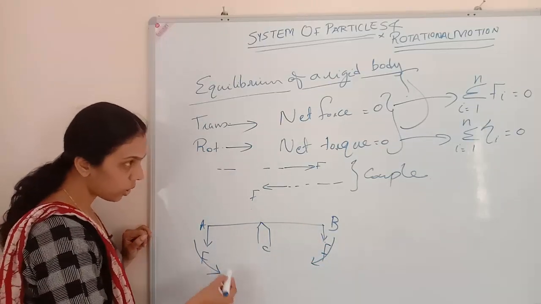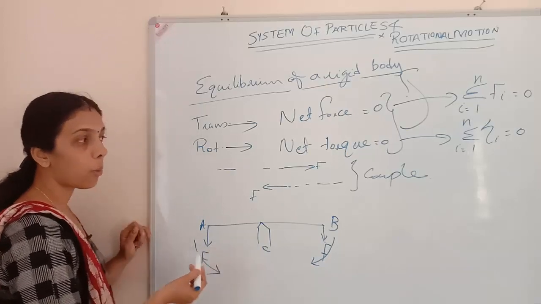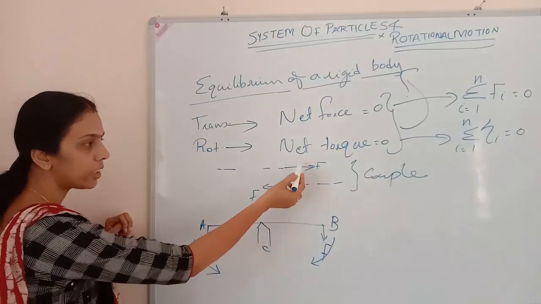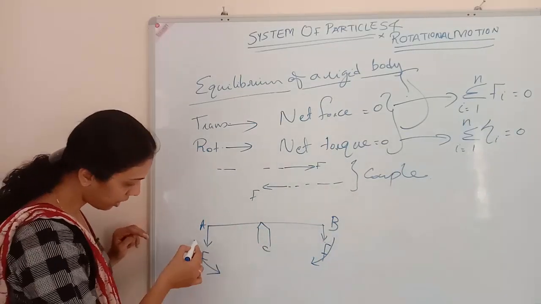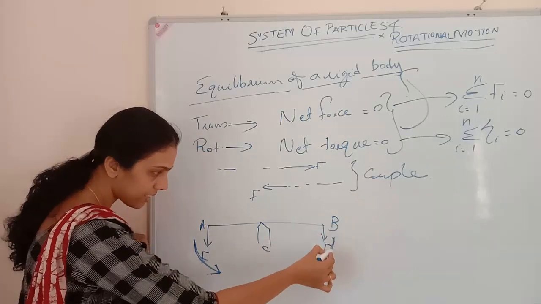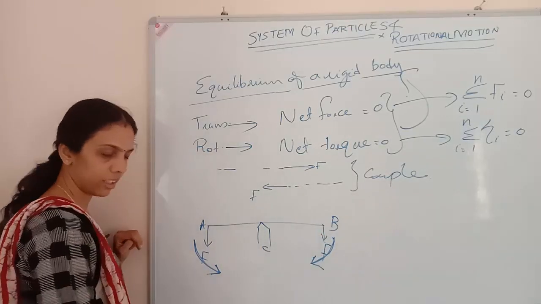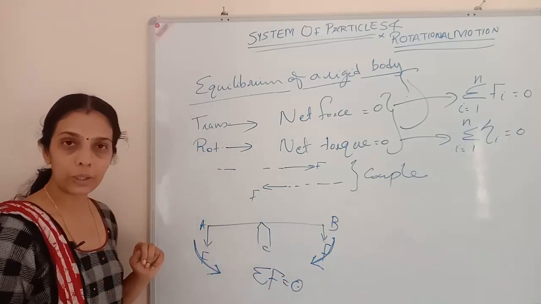Then what will be the torque acting on the system? These are not equal and opposite; these are equal and in the same direction. So what will be the rotational effect? This one, and this is acting in the opposite direction. So the net force acting on the system will be equal to 0.